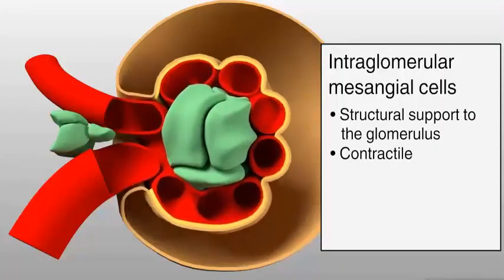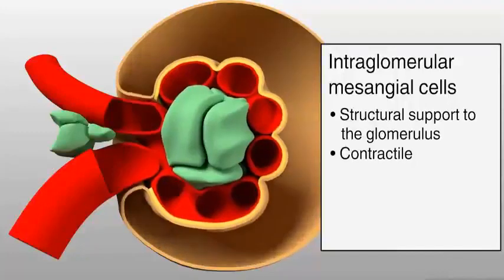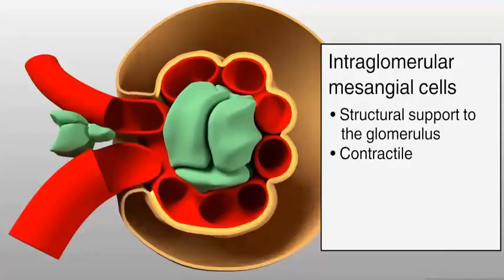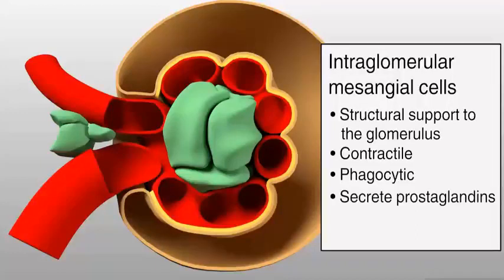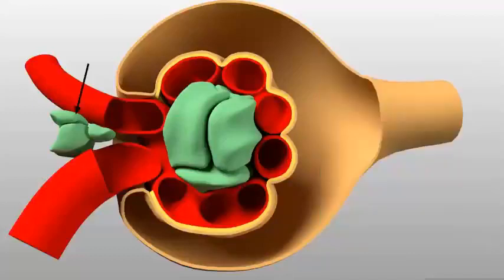By contraction and relaxation, they can alter total surface area available for glomerular filtration and thereby can regulate the rate of glomerular filtration. They also have phagocytic activity. They secrete prostaglandins and also secrete extracellular matrix. Extraglomerular mesangial cells are part of juxtaglomerular apparatus.